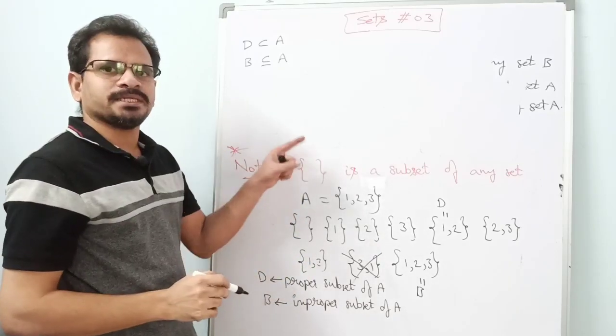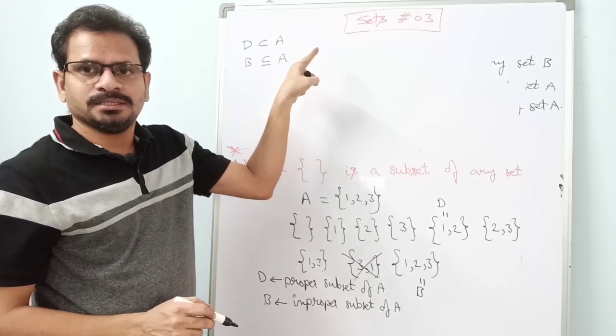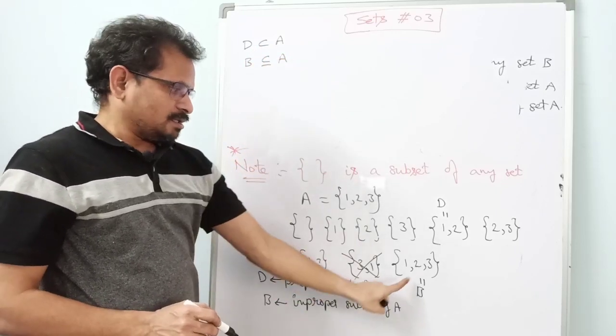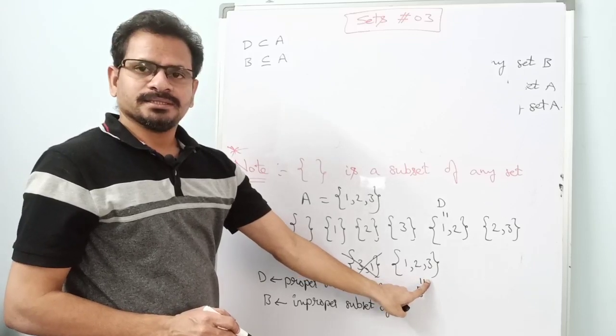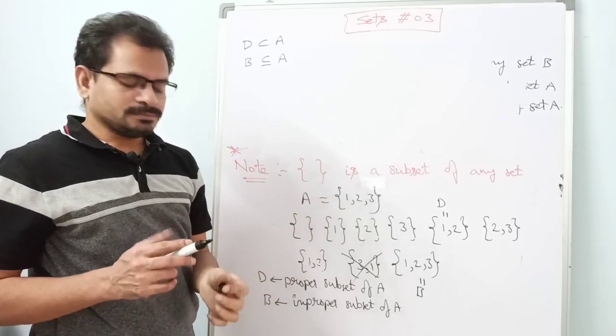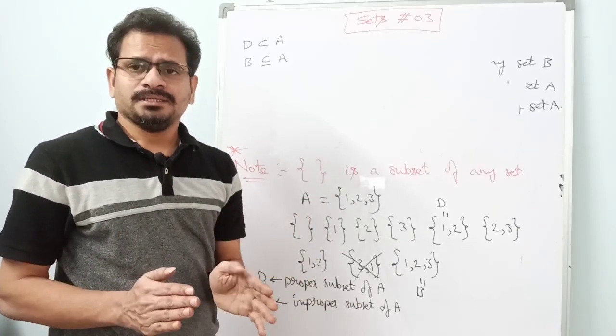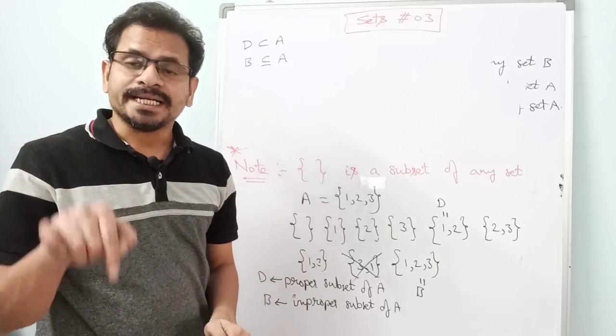If it is proper subset, we use this one: D is subset of A. This is for proper subsets. Okay. For subsets like this, you have to write like this: B is subset or equal to A. Got it? Next topic is how to express the sets using diagrams.